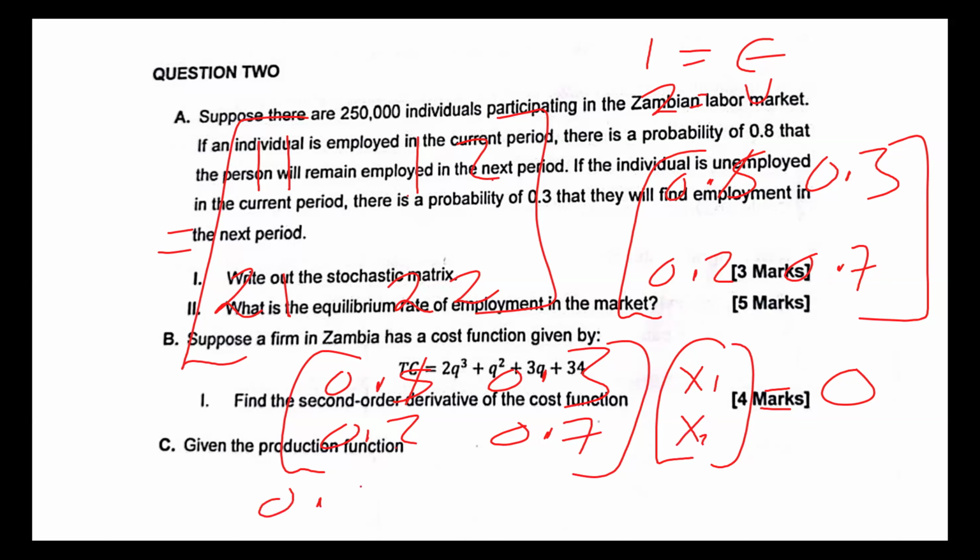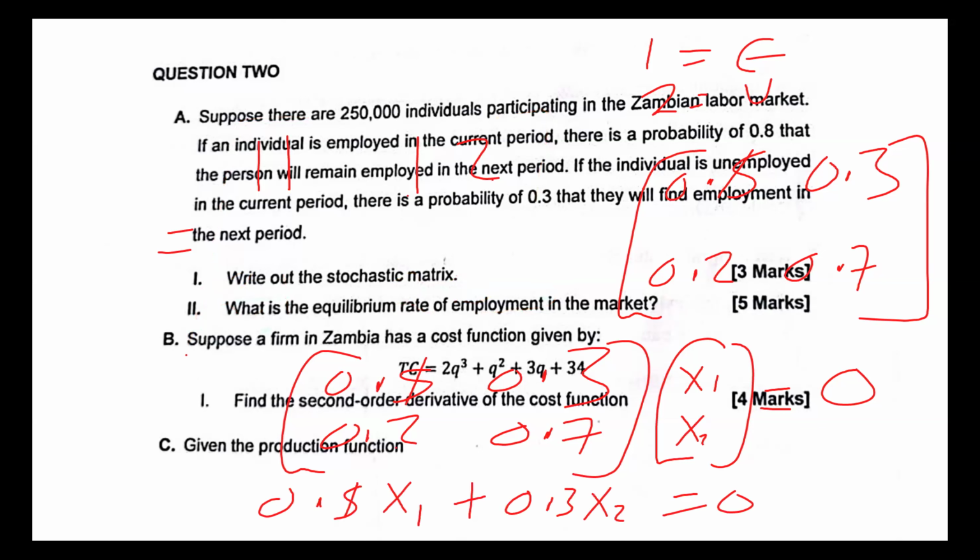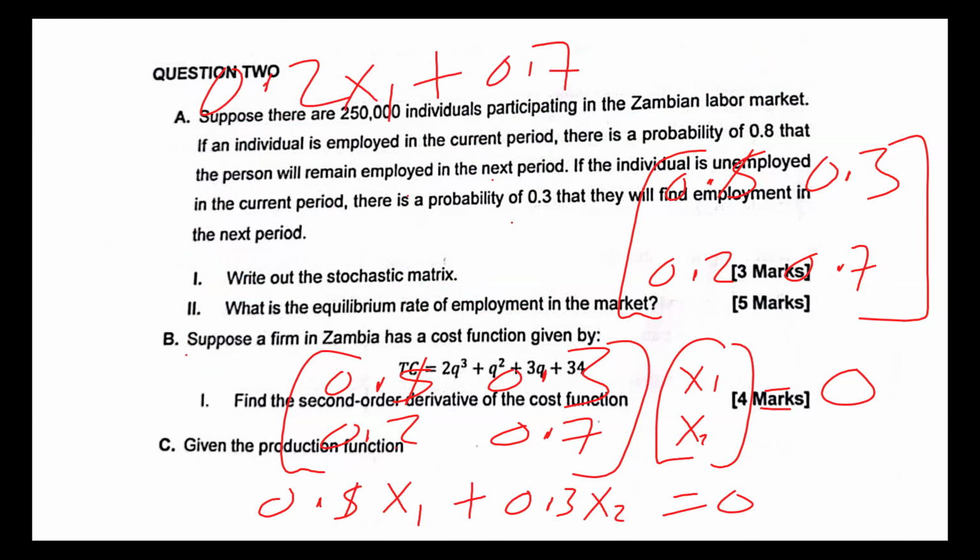This will be 0.8 X1 plus 0.3 X2 equal to 0. And then you have 0.2 X1 plus 0.7 X2 equals to 0.